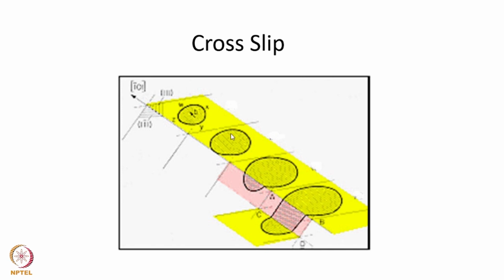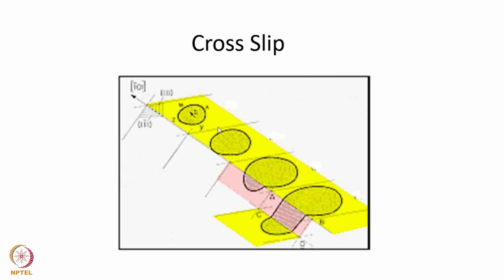So if you have intersecting slip planes like this, the dislocation can move from one slip plane to the other slip plane, as long as these two planes contain a common slip direction, right?